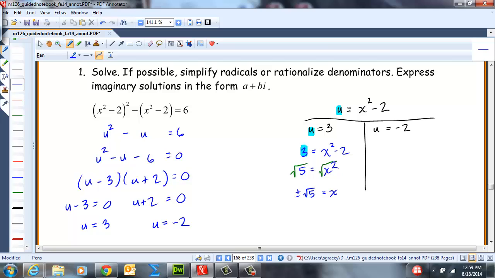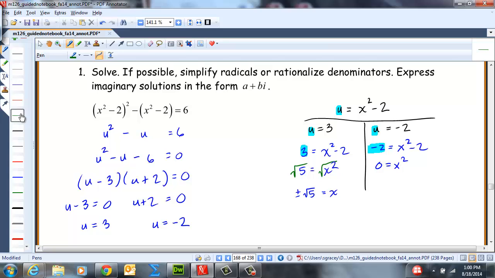Now, coming over here, we'll have our other solution, which was -2 is equal to x squared minus 2. So here, in for u, I'm putting -2. Next step, adding 2 to both sides, we get 0 is x squared.